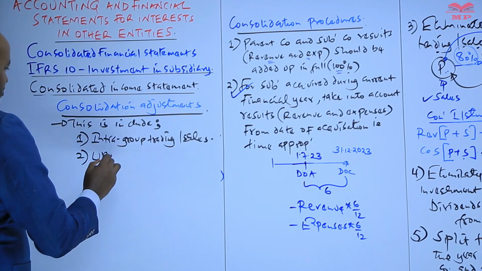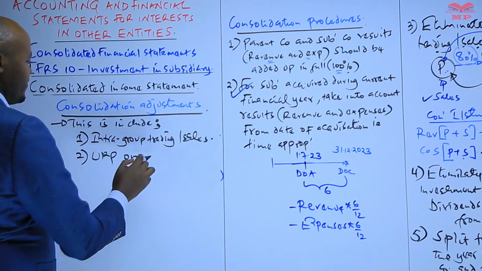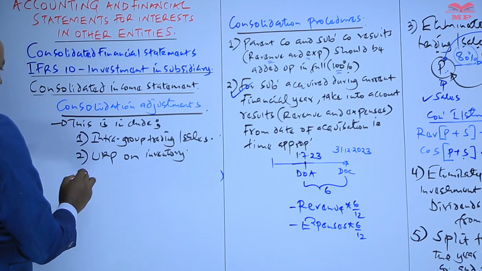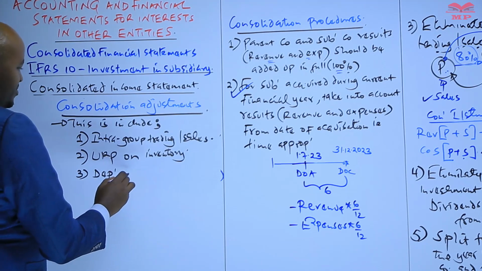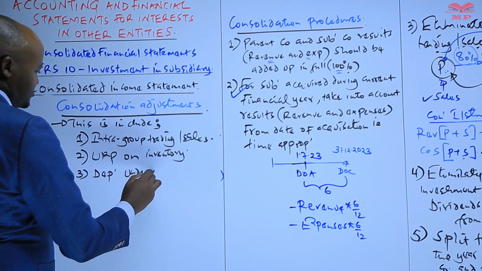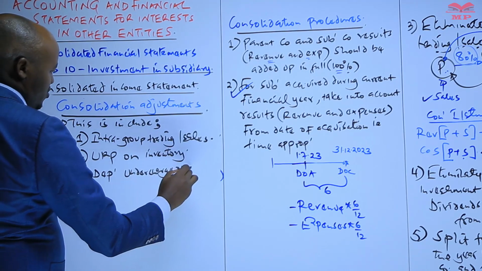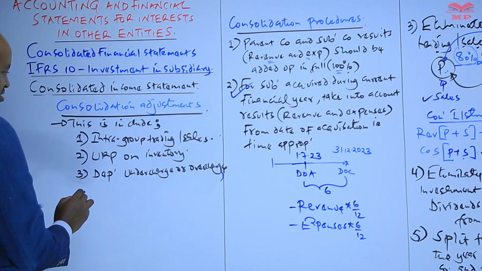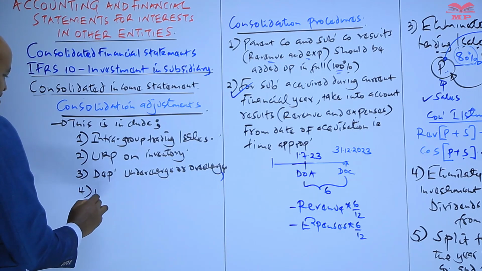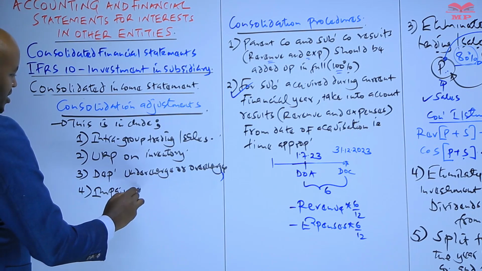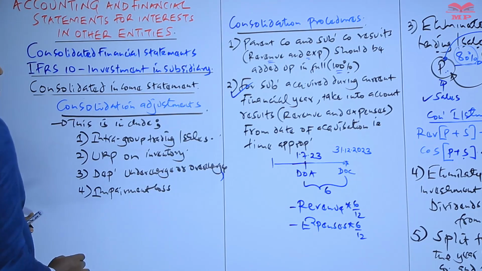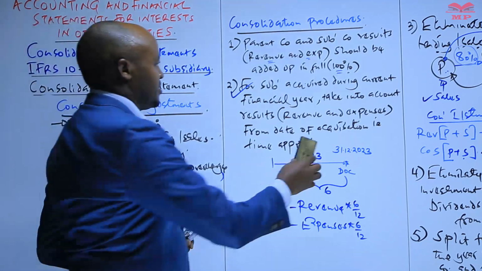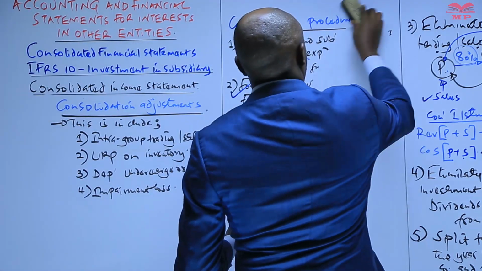Number two, adjustment relating to unrealized profit on inventory. We also have an adjustment relating to depreciation, other charge or overcharge. We also have adjustment in relation to any impairment loss. Yes, so I think these are some of the key consolidation adjustments which we need to discuss here.